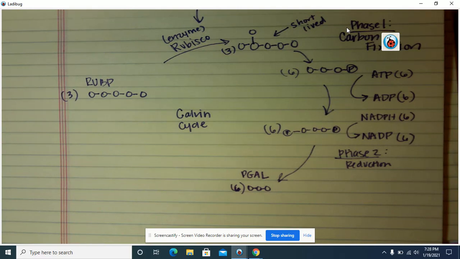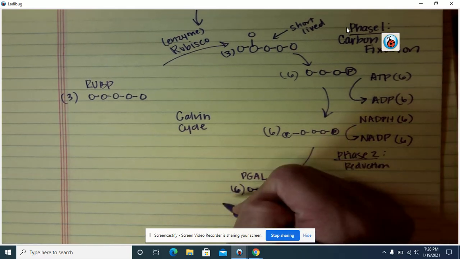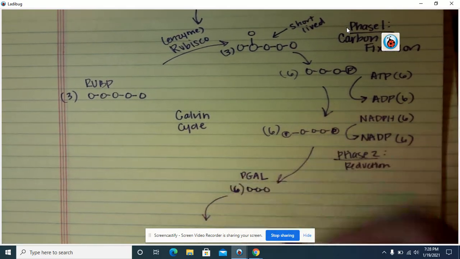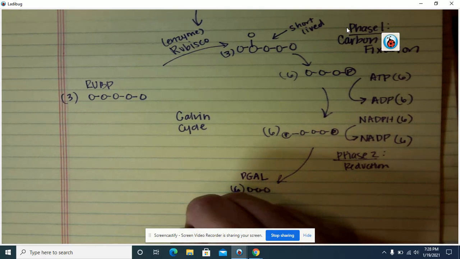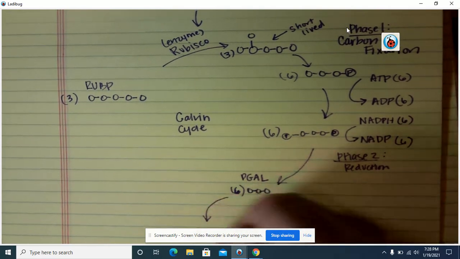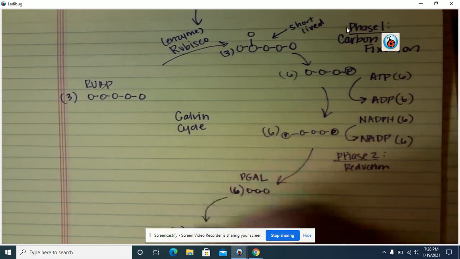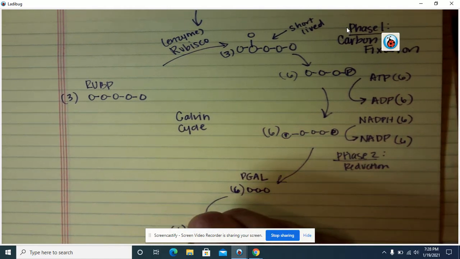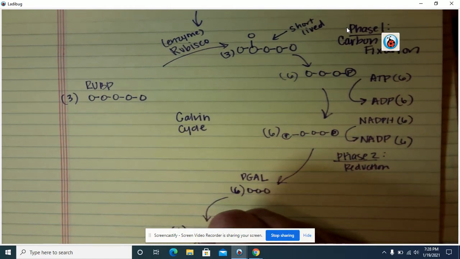And for most of these, the abbreviation is really what I'm worried about you knowing, okay? And what happens is that one of those PGALs is going to come out of the cycle. And at this point, it's going to be called G3P.